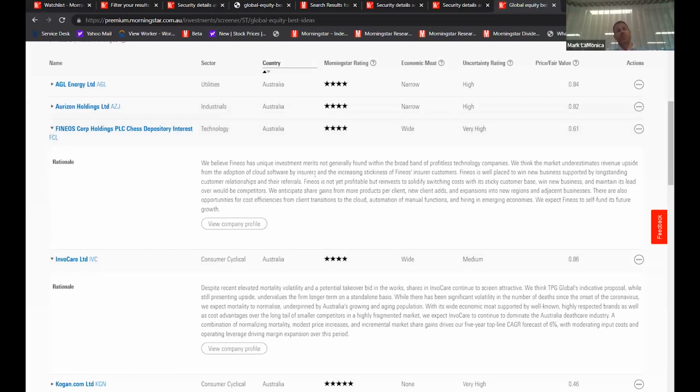Because, of course, if there's more uncertainty around the future and more uncertainty around business outcomes, we're going to want to look at what is that margin of safety that protects us from that range of outcomes. So you should have a bigger margin of safety if you're investing in something with very high uncertainty like Fineos versus something with medium uncertainty like InvoCare.